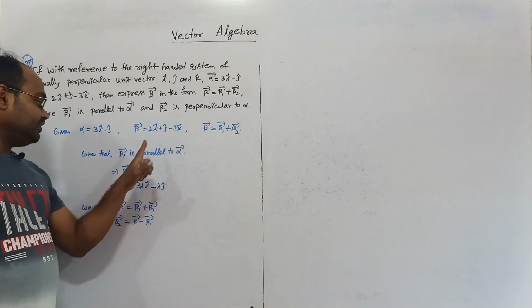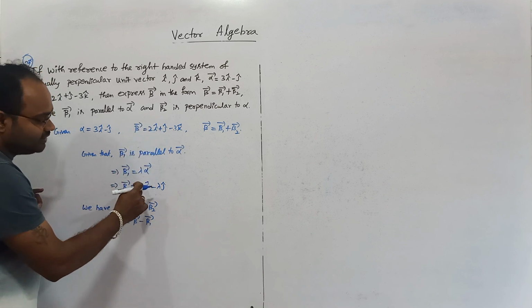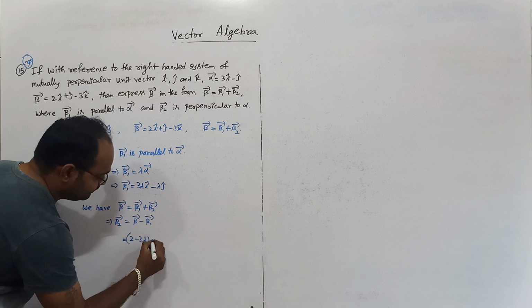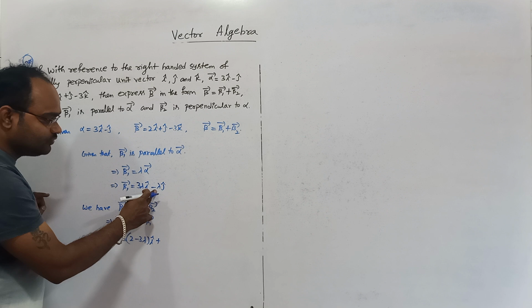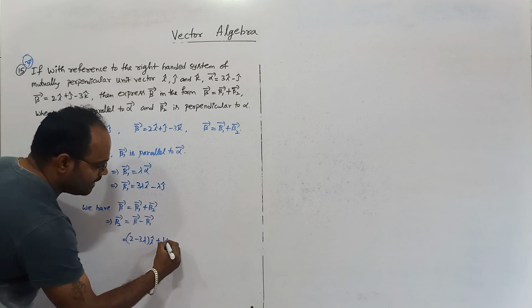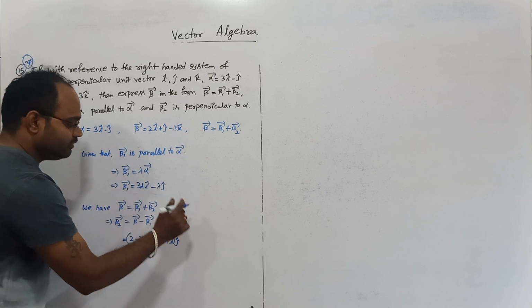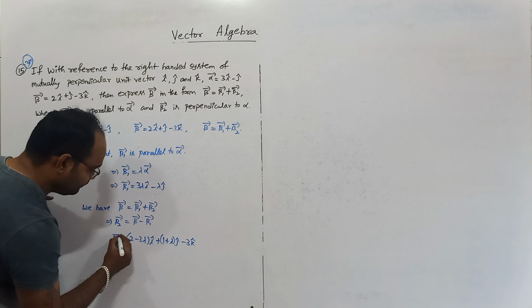Beta vector is there, beta 1 vector we got, subtract these two, we get 2 minus 3 lambda i hat plus 1 plus lambda j hat, then minus 3 k hat. This is beta 2 vector.